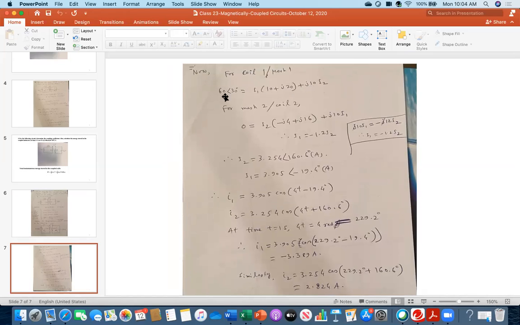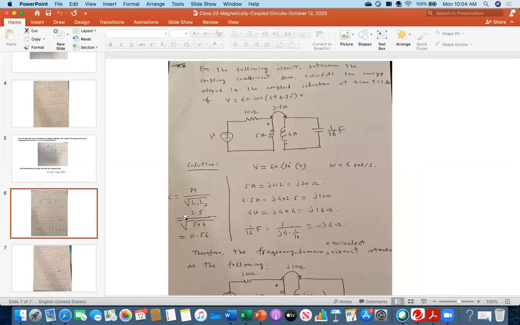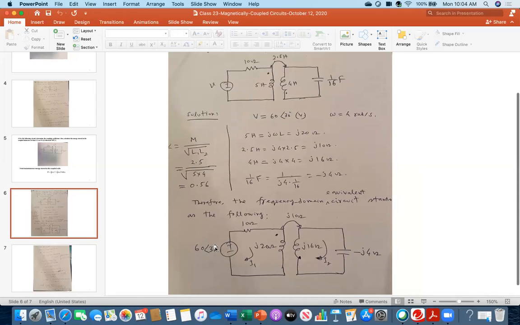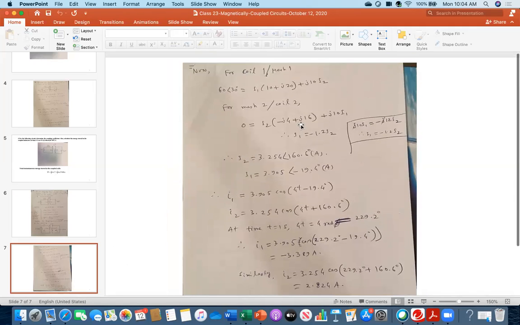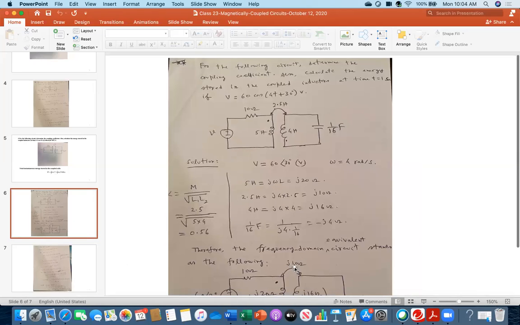So this means 60 at an angle of 30 equals (10 plus j20) multiplied by I1 plus j10 I2. That j10 was your mutual inductance, this one.